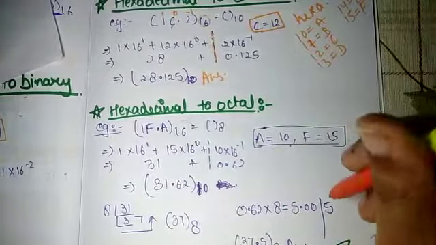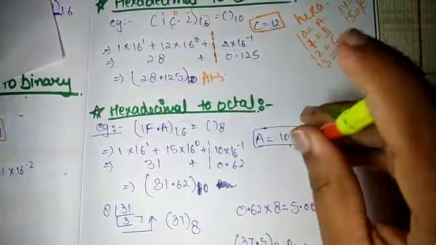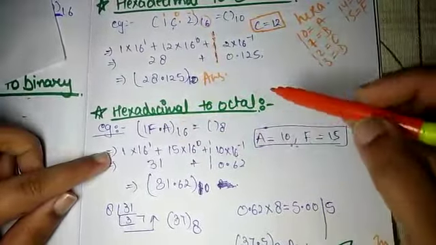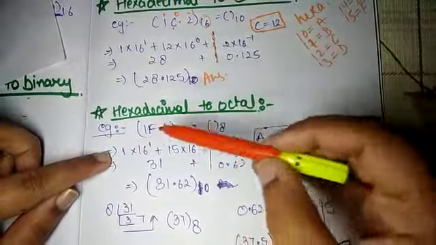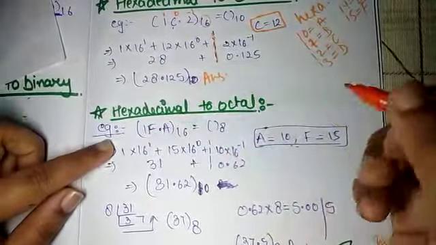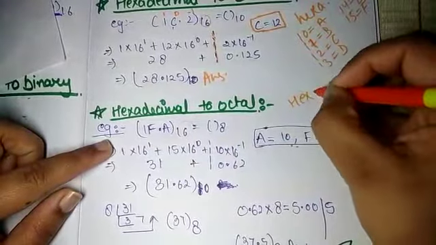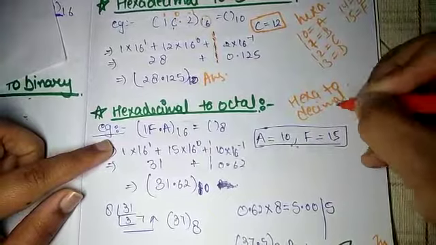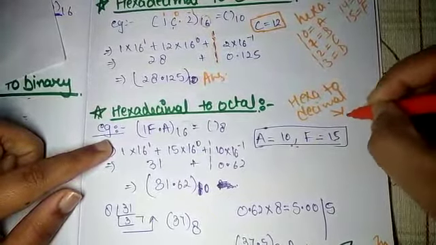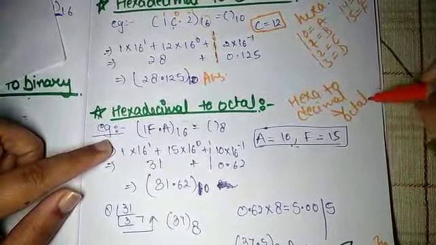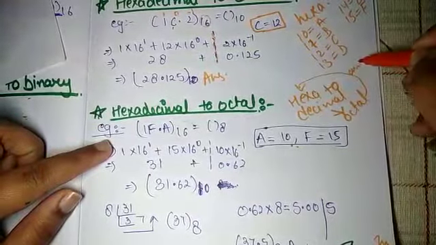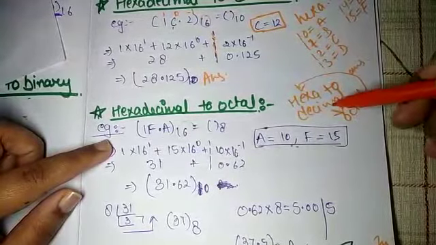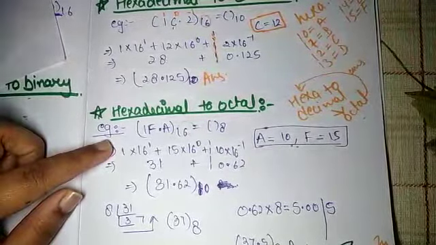For more about hexadecimal, please go to the previous videos which I have uploaded. First the conversion will be hexa to decimal, then decimal to octal, right? And we'll get the answer for this part.